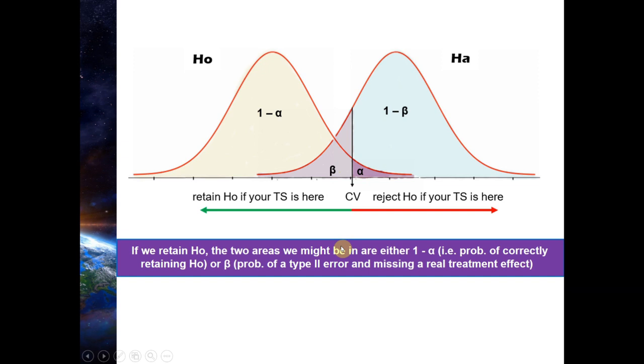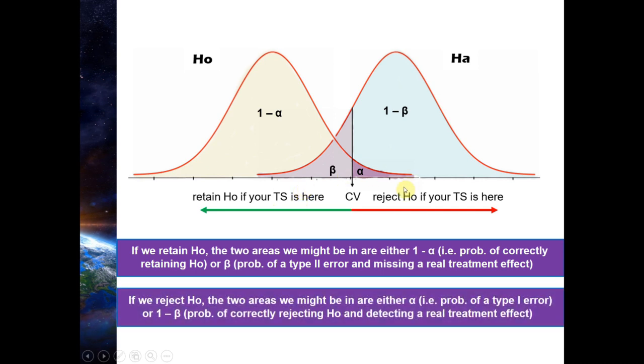All right. So these are some reminders. If you're printing out these slides, you'll see these on those slides. If we retain H0, that is what happens when we're less than the critical value, then we're either here or we're here. And we don't know which one we're in.